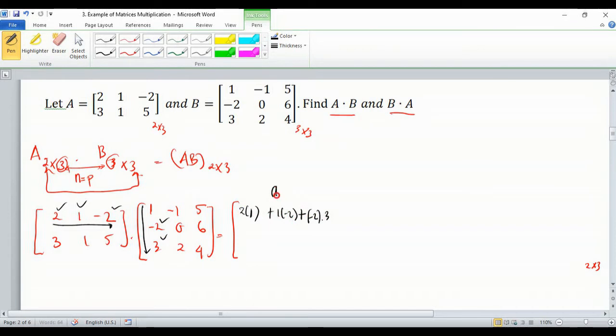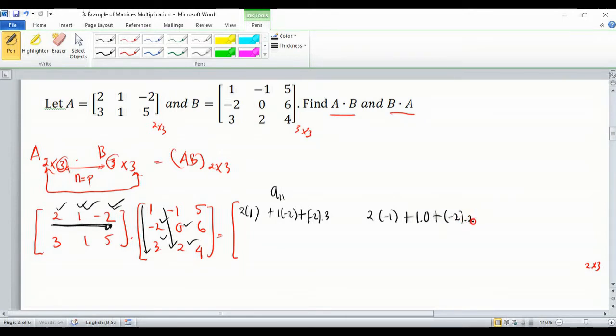The name here is A11, everyone. Now we need to find the first row with the second column: 2 times -1 plus 1 times 0 plus -2 times 2.